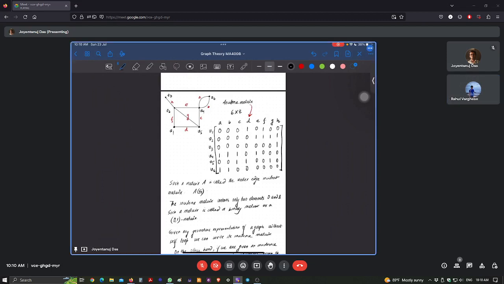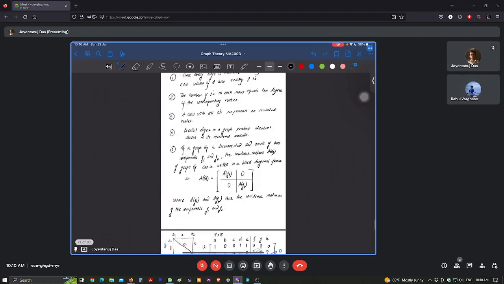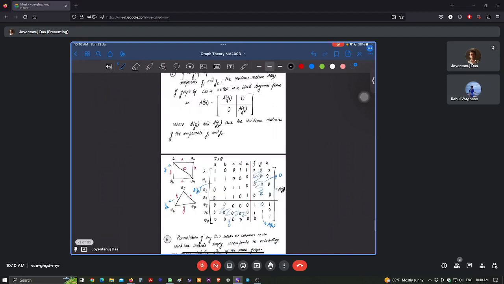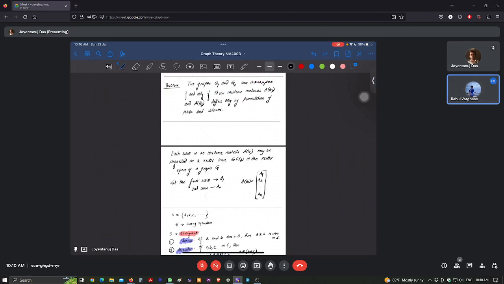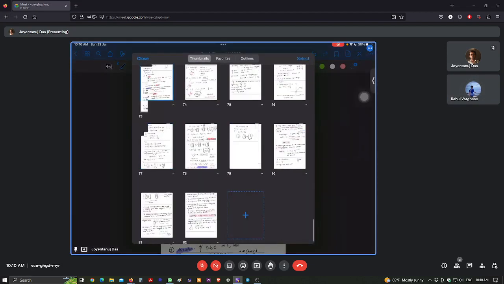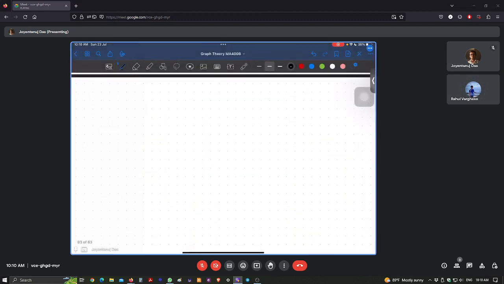This you remember, and we saw the properties of the incidence matrix. So we'll do a theorem based on that. We'll find the rank of an incidence matrix.